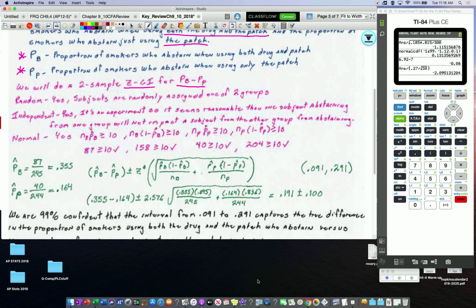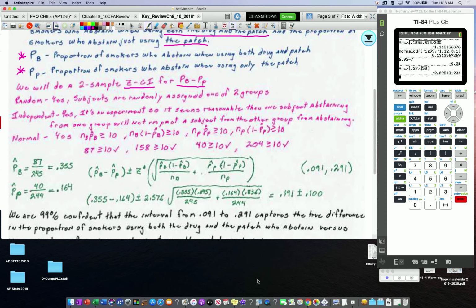It's an experiment, so it seems reasonable that one subject abstaining from another group will not impact the subject of another group. We really don't need to check to see if the population is greater than 10 times in this particular case. So now, normal: is the number of people that are succeeding and not succeeding all greater than or equal to 10.